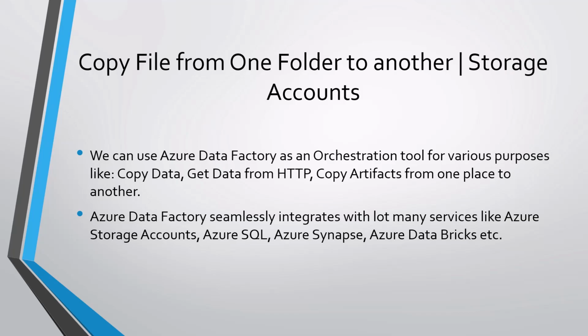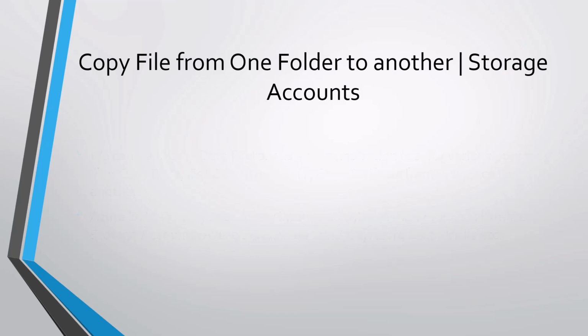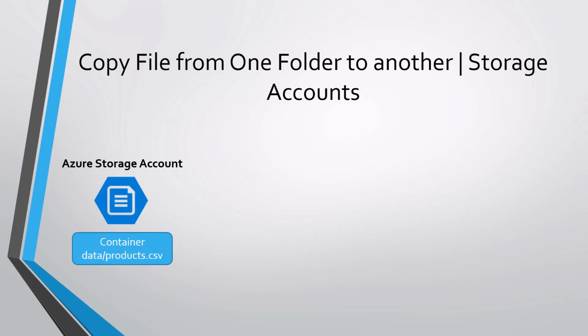So let's see what we are going to do in this video in the form of a visual. We would have a storage account within Azure. The storage account has a container, which is like a data container, and within that container we'll have a products.csv. I'll actually show you that once we move on to the practical stuff.